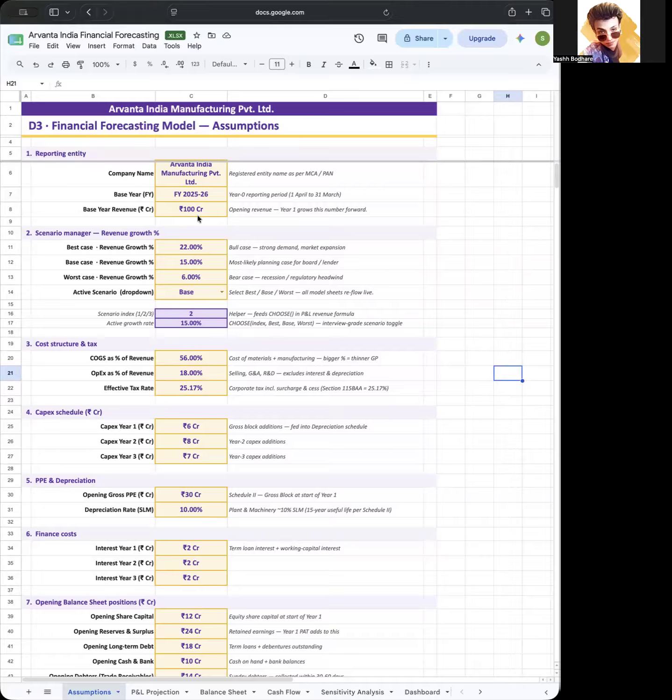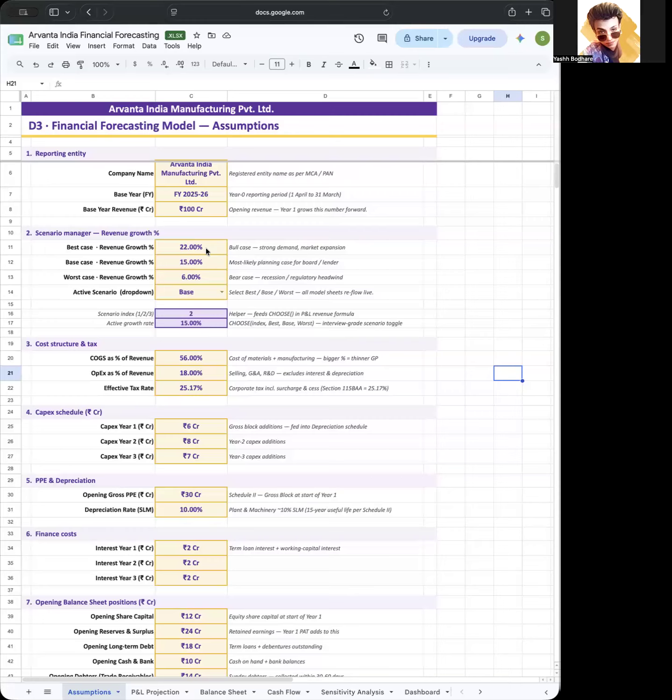So moving on to scenario manager revenue growth. You see, forecasting always involves uncertainty. Management cannot know future revenue with complete accuracy because performance may be affected by customer demand, economic conditions, competition, capacity, pricing, and regulation.